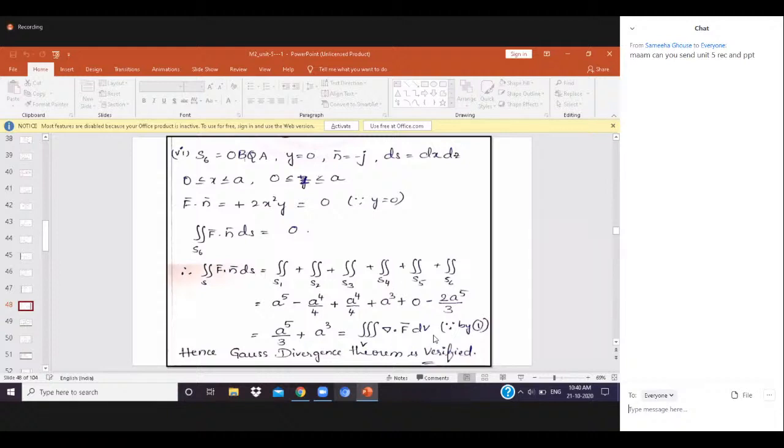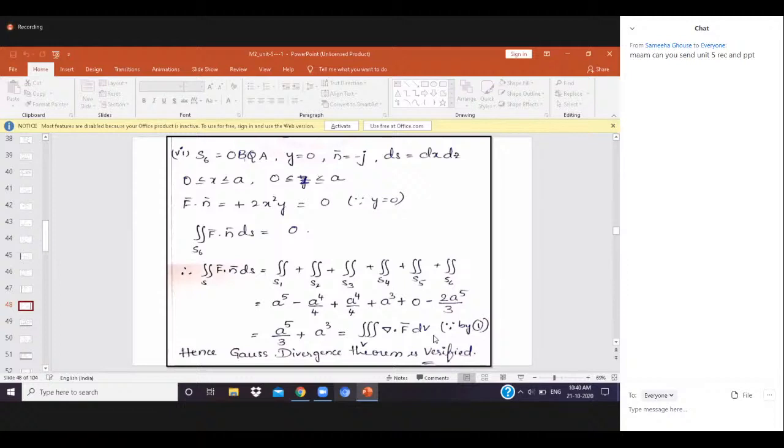What is the Gauss divergence theorem? S is a closed surface enclosing the volume V, and f bar is a continuously differentiable vector point function. Then the integral over V of divergence of f bar equals the integral over S of f bar dot n bar dS.